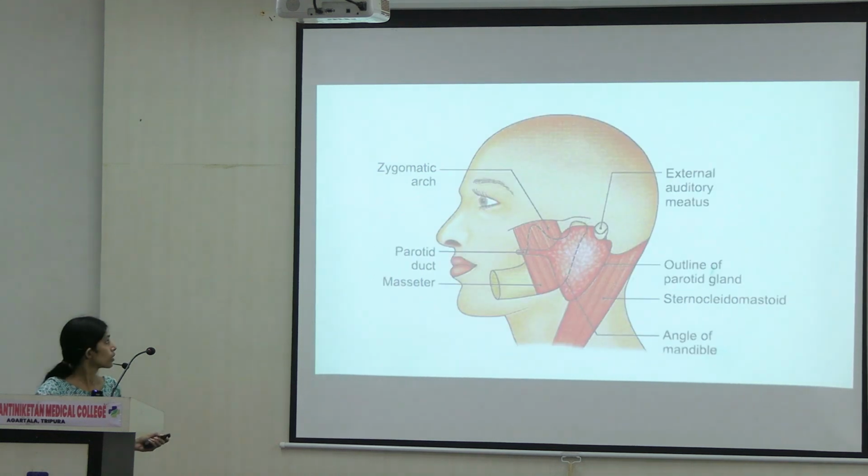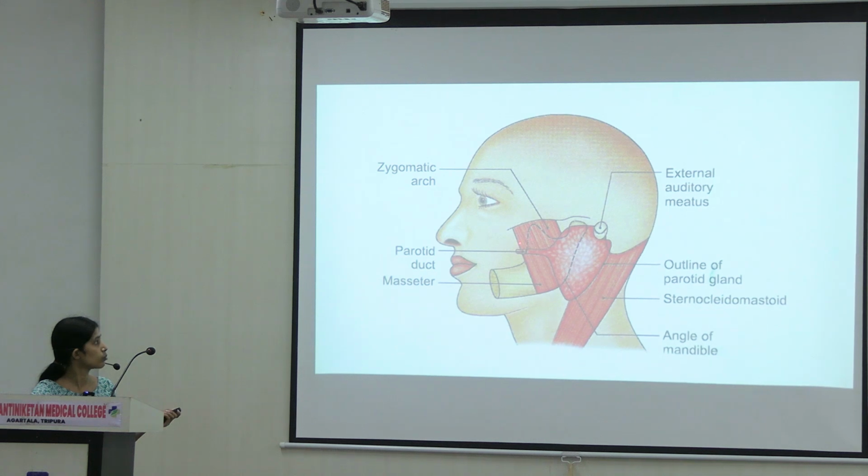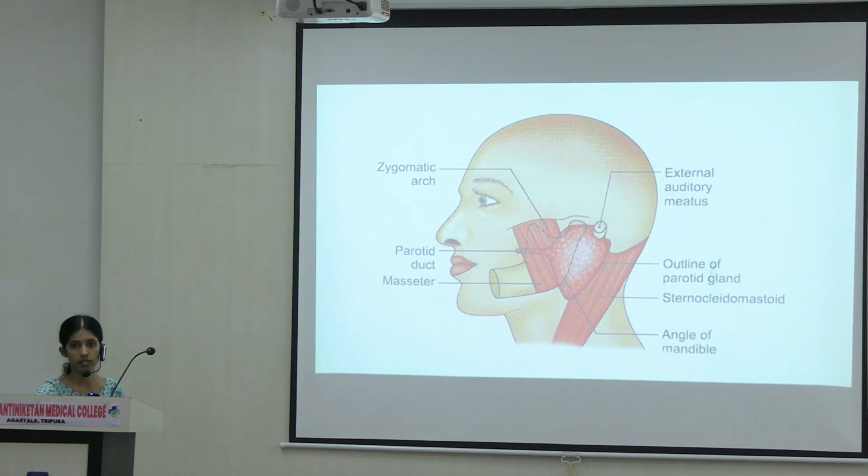You can see here, this is the parotid gland which is present below your external auditory meatus. This dotted structure you are seeing here is the ramus of the mandible and this is your sternocleidomastoid muscle. So basically your parotid gland is present between the ramus of the mandible and the sternocleidomastoid muscle below the external auditory meatus.